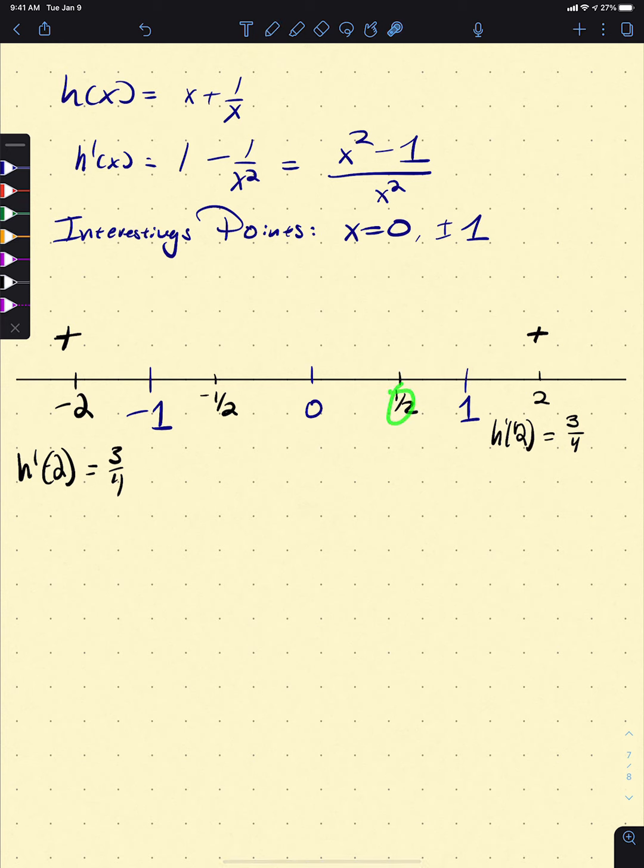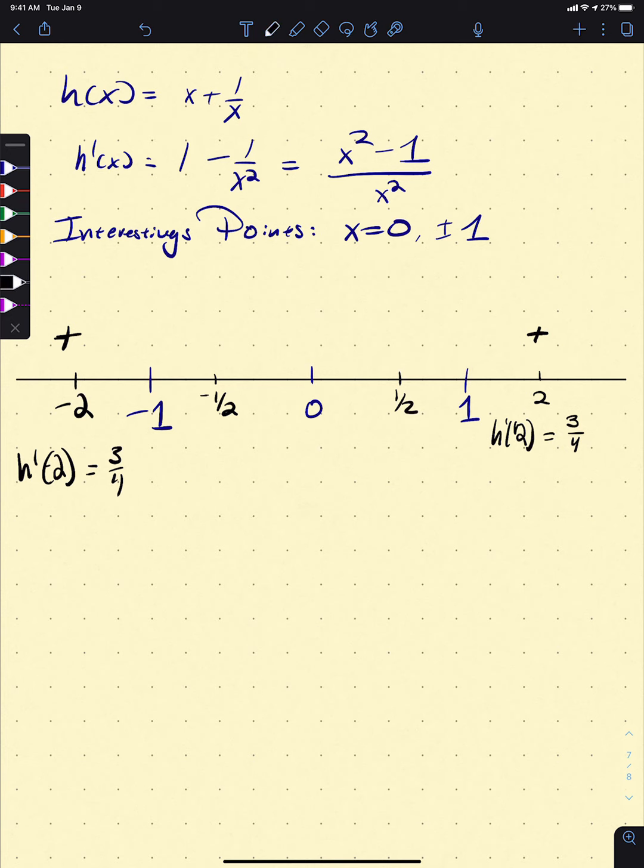Now we need to calculate, we'll start at plus 1/2. And I think it's actually going to be easier to look at it here, because 1 over 1/2 squared is going to be 1 over 1/4, which is the same thing as 4. 1 over 1/4 is just 4.